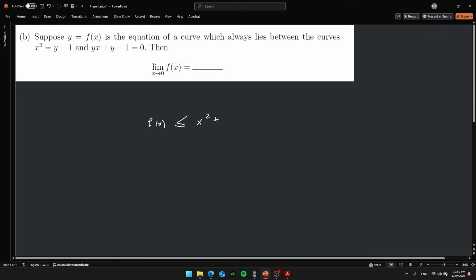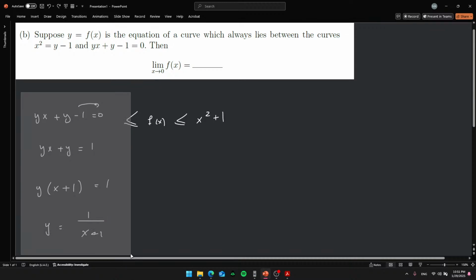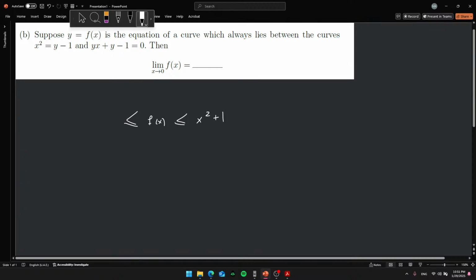So x squared plus 1, x squared plus 1, and y as a common factor: yx plus y minus 1 equals 0. The other side: yx plus y equals 1, y(x plus 1) equals 1. So y equals 1 over x plus 1.